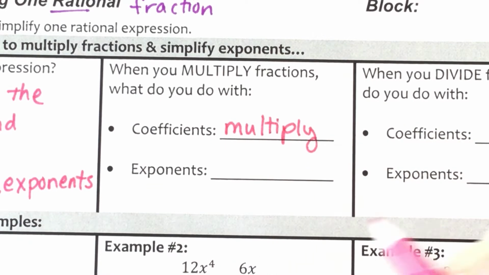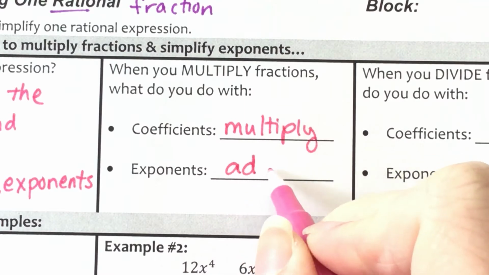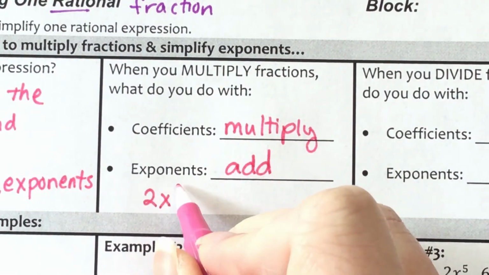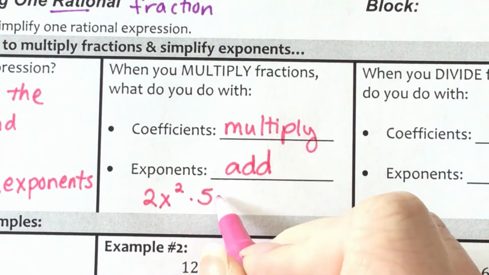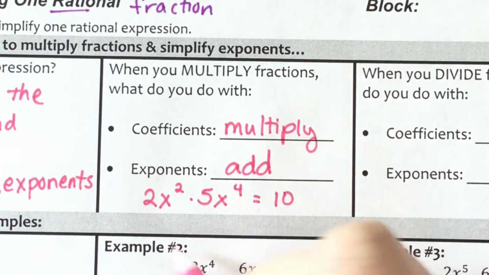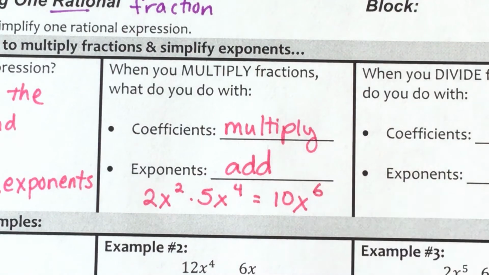And then you do something different with your exponents. You add together the exponents. Okay, for example, 2x squared times 5x to the 4th power. 2 times 5 is 10. And then for your x's, you add together the 2 and the 4, which is 6.